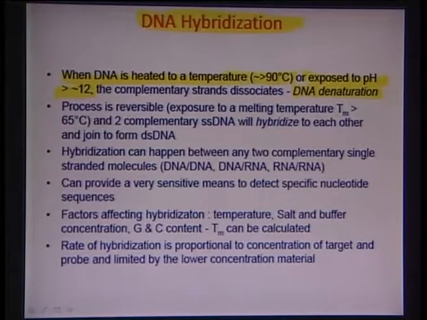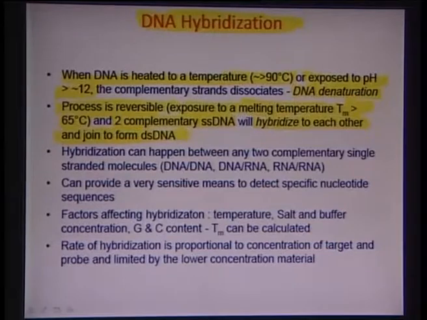This process, however, is reversible. Once it happens, on an exposure to a melting temperature Tm greater than, let's say, 65 degrees Celsius, but again less than 90 degrees, the two complementary single stranded DNA structures so formed join back together. This we know as hybridization.